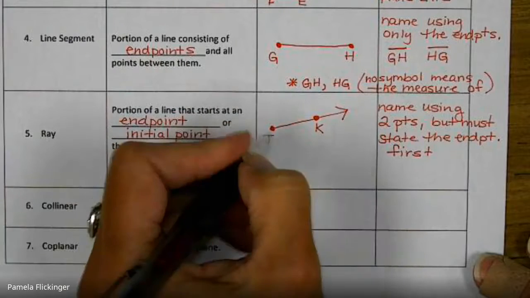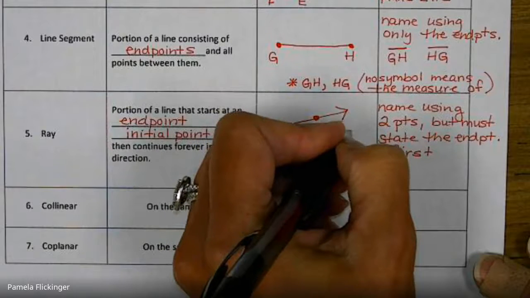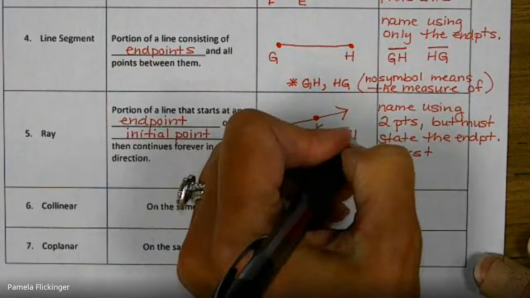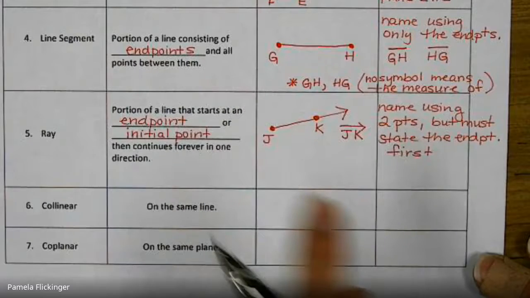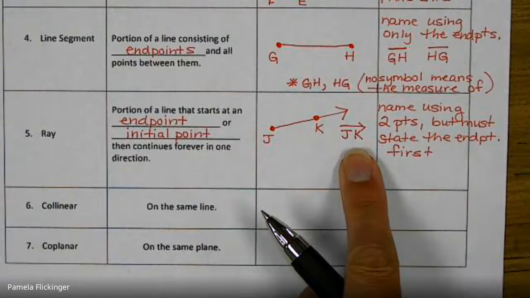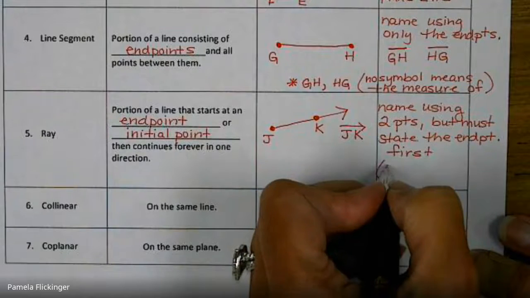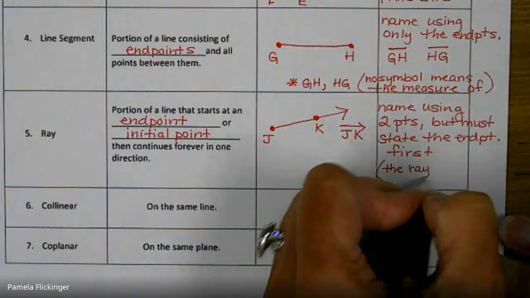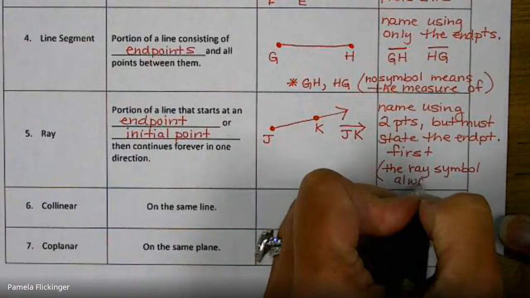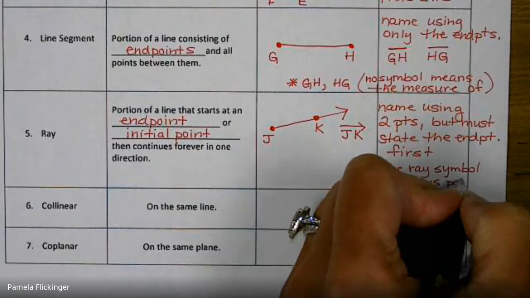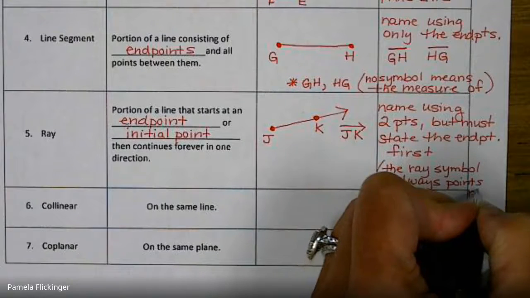So for this ray, we have to start with J and then pick one other point that it goes through. The symbol always points to the right. Notice it's a ray, okay? So the ray symbol always points right.